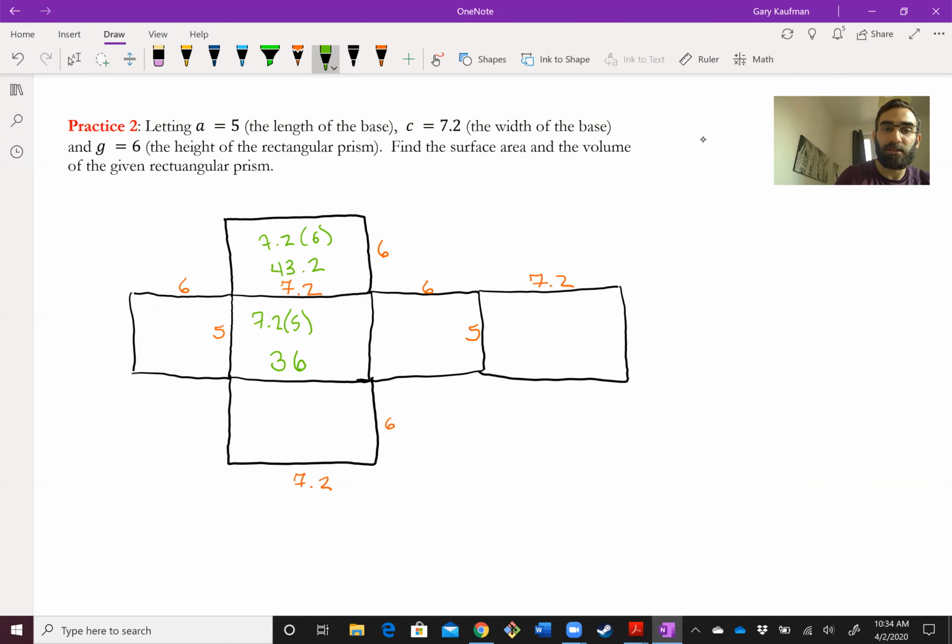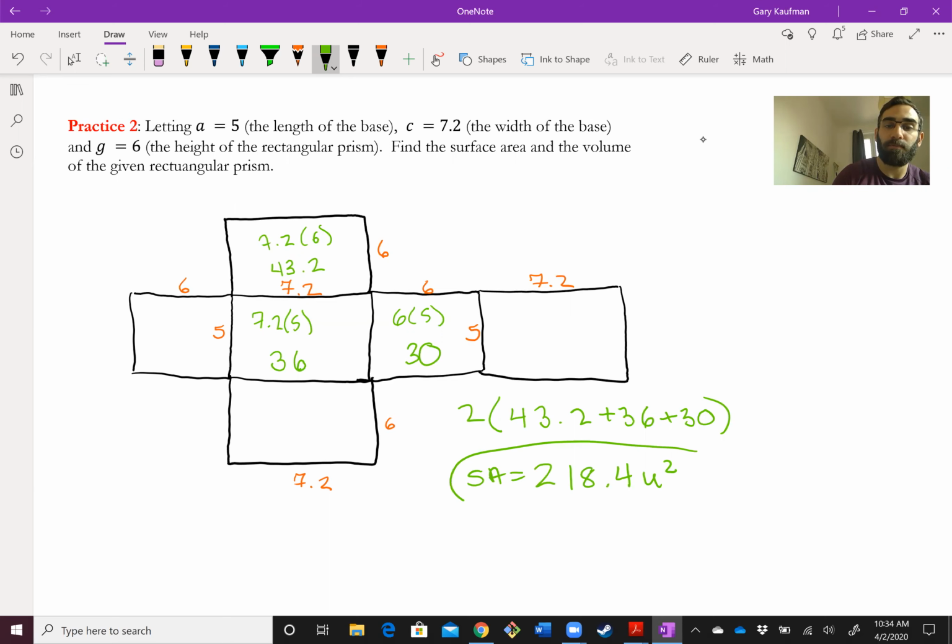And last but not least, this is a 6 times 5, and that's going to be a 30. Now again, there's so many little tricks. You could realize that for a rectangular prism, all 3 of those sides, because I did the 3 different ones, is just doubled. So I'm now just going to say, okay, for 43.2 plus 36 plus 30, and multiply all of that times 2, and I get that it's 218.4 units squared is my surface area.